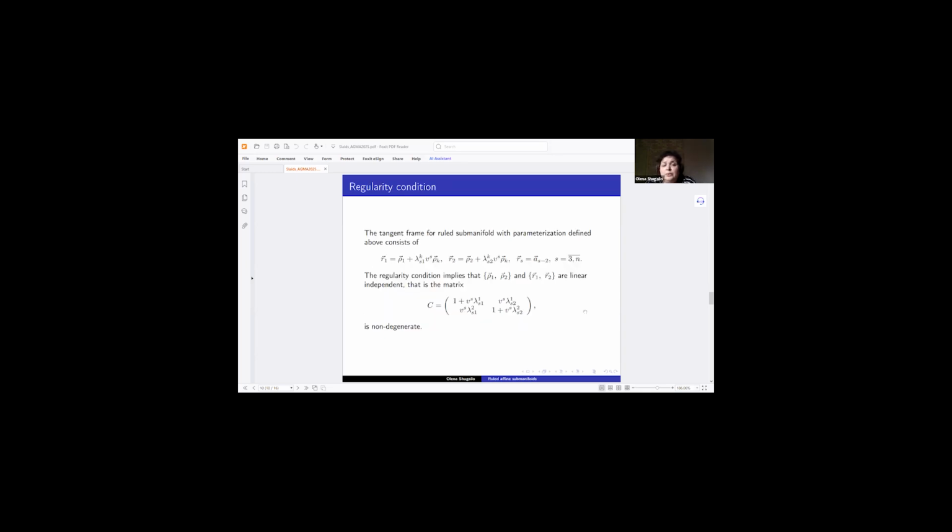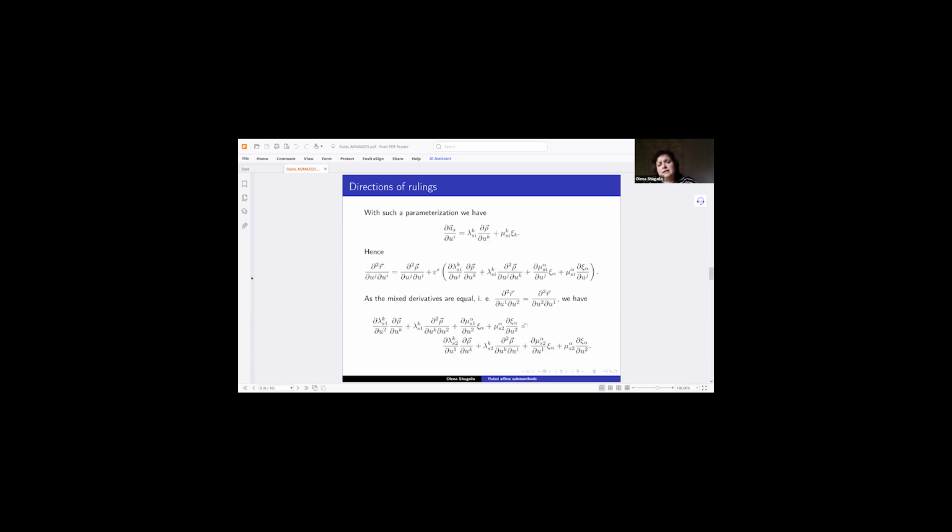But we need one more condition, the condition of regularity, because we have vectors R_1, R_2 which depend on rho_1 and rho_2, and this transformation matrix must be non-degenerate for the regularity condition.